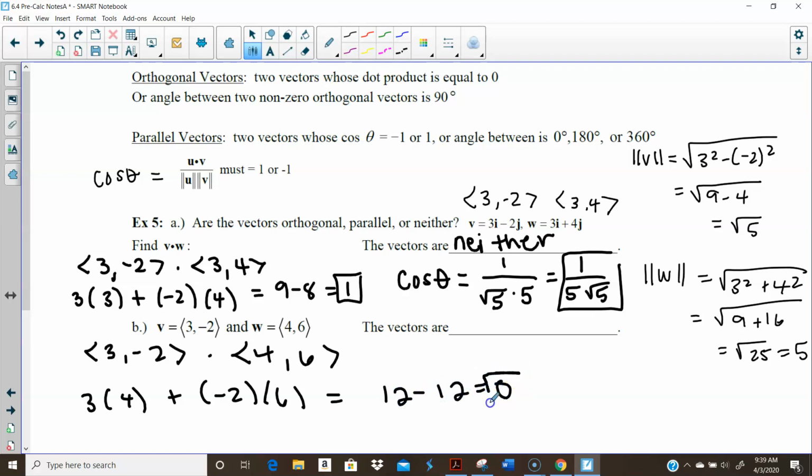So my first test came up as 0, and that's the test to determine if it's orthogonal. So these two vectors are orthogonal. Not even sure if I'm saying that right.